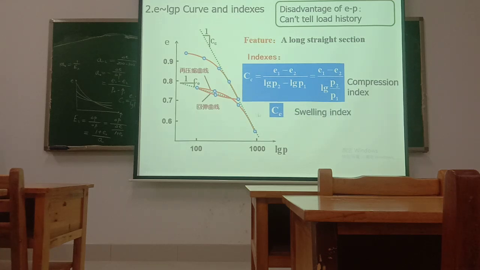And another parameter we call Ce, the swelling index. Okay. It is obtained from the rebounding curve. Use the rebounding curve slope to indicate the swelling index.